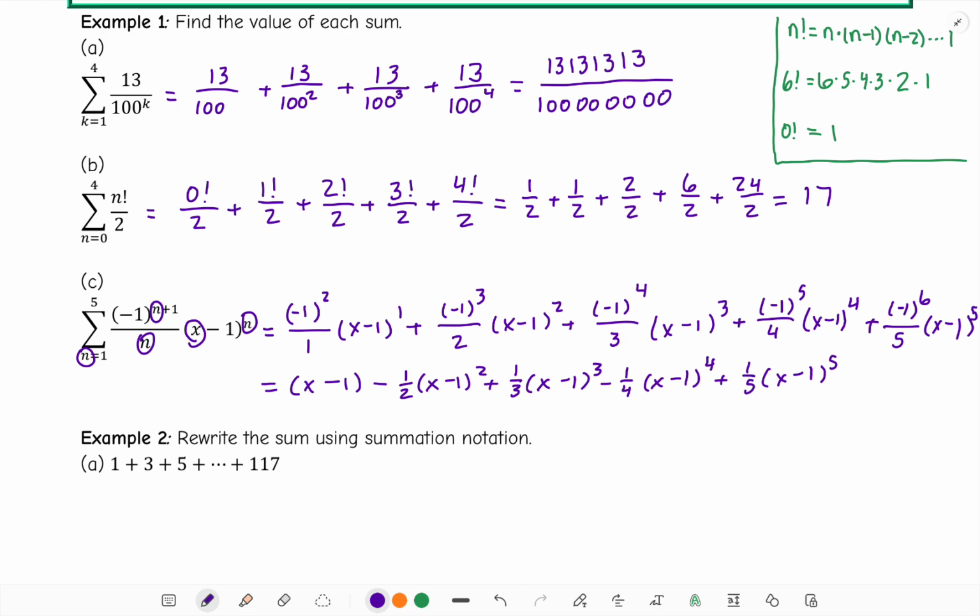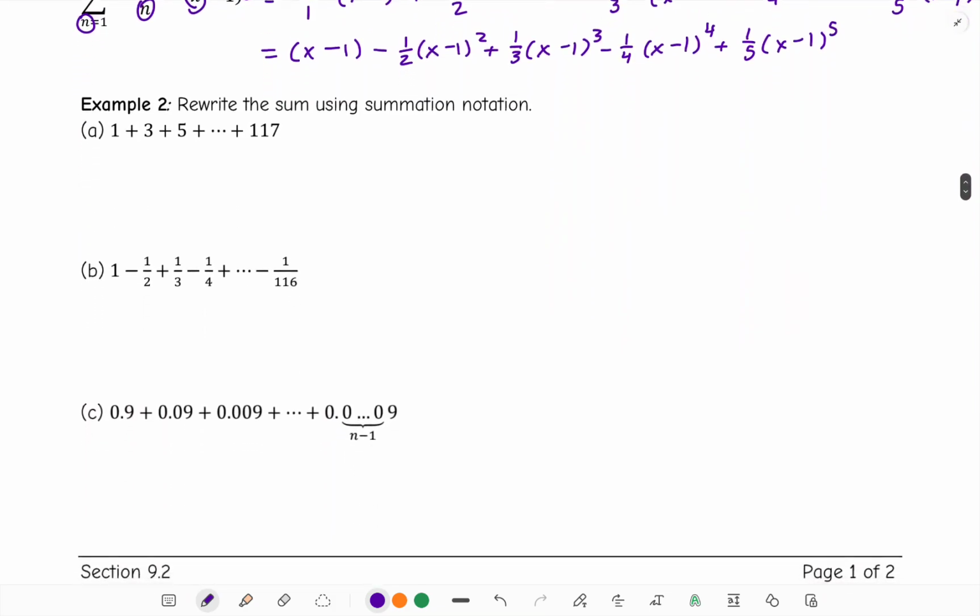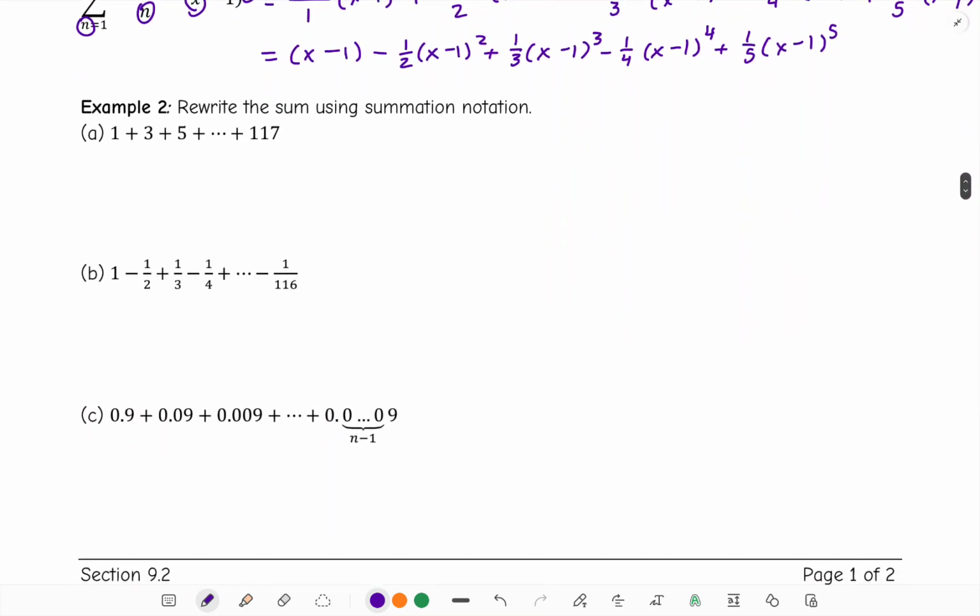Now for example 2, we want to rewrite the sum using summation notation. To get practice for this, you are going to have to do the highlighted problems in this section. So for this one, I'm hoping you notice that this sequence is arithmetic. So I'm going to come up with a general expression for this, a sub n, which is a sub 1 plus n minus 1 times d.